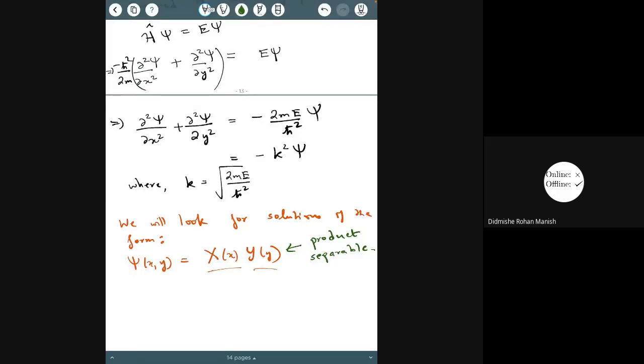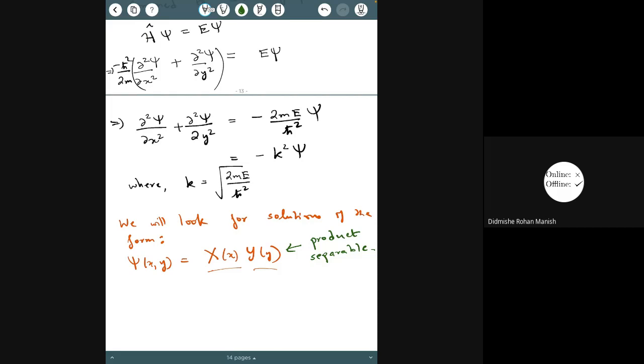If you have a sum of terms in the Hamiltonian which depend on different variables, then the wave functions which are solutions to the Schrodinger equation appear in product form. This is something we know from experience, and I'm using it to show you the solution of the 2D problem in the simplest possible way.